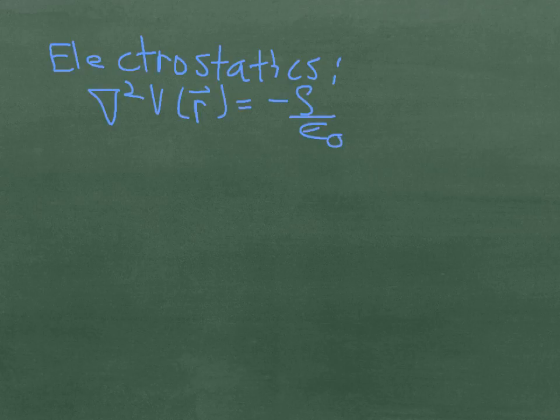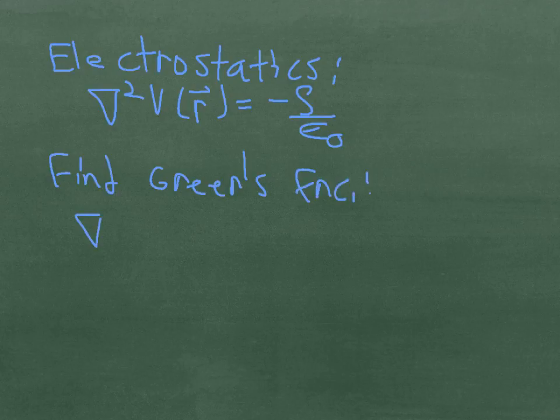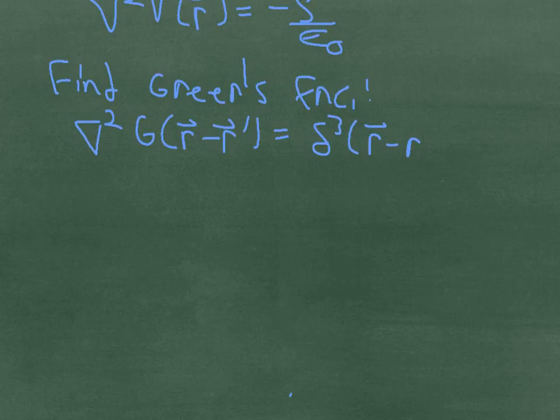So to find the Green's function, it is just del squared acting on G of r minus r prime is equal to the delta function, delta cubed of r minus r prime.